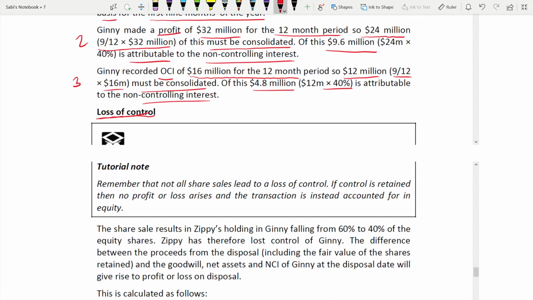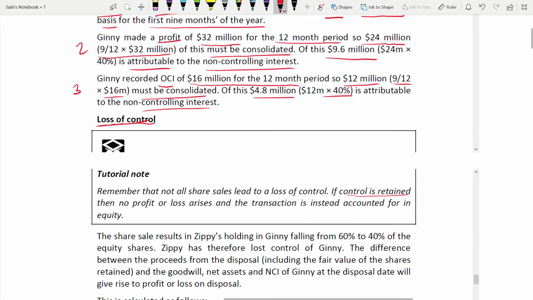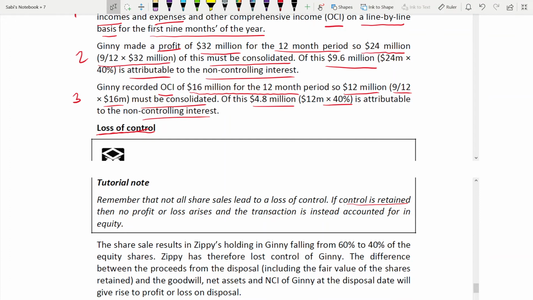But what happens if the control is retained? Anyway, I have taught this under group acquisition and group disposal, but here it is explained again. When control is retained, that means from 80 to 60 or from 100 to 80, what's happening?